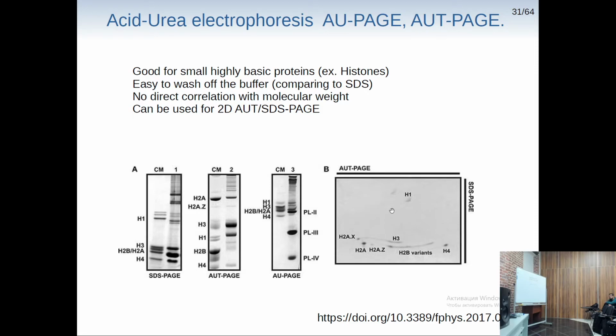And also, there is such a technique as using, again, 2D gel, using acid urea with some Triton X-100 in the first dimension, and SDS-PAGE in the second dimension. This way you can get information about molecular weight, which SDS-PAGE can provide, and you get some information about proteoforms, because acid urea and Triton PAGE allows you to separate different isoforms of the same protein.